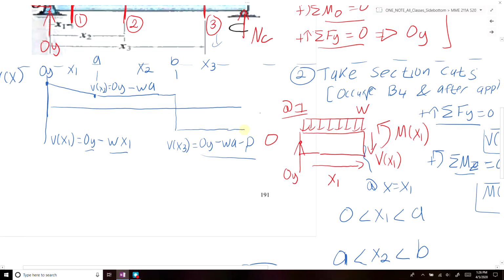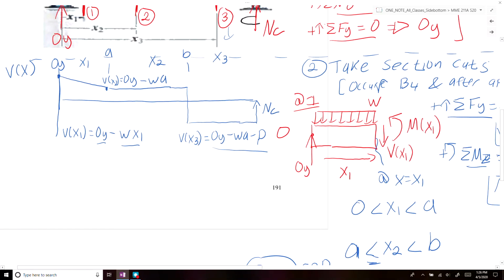And then at the very end, at point C, we would add our normal force NC. And for a shear diagram, the forces should always add up back to 0 at the end of the diagram, because the sum of all the forces in the y direction across the whole beam has to be equal to 0. All right, so this would be our shear diagram.